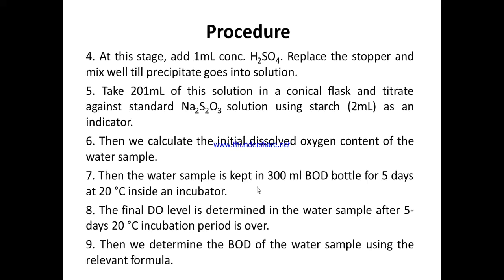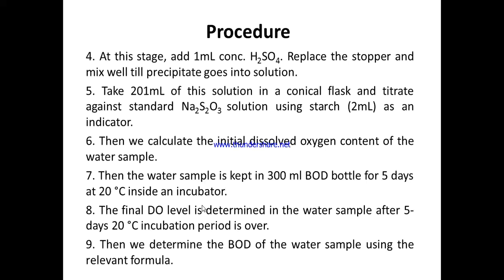Then the water sample is kept in 300 milliliter BOD bottle for 5 days at 20 degree centigrade in an incubator. हमने क्या किया स्टूडेंट्स, हमने DO लेवल इनिशियली डिटरमाइन कर लिया वाटर सैंपल में. ठीक है, कैसे, ये एंटायर प्रोसीजर हमने डिस्कस किया उससे.